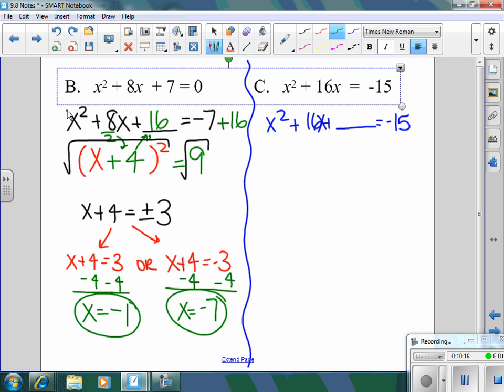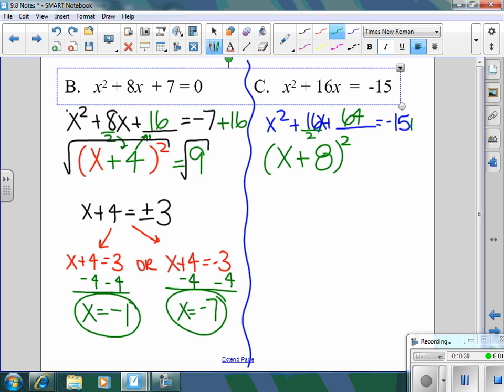So now remember, we want to factor this into something that's a perfect square. So we know x is going to be the first thing. What goes next to it is this b cut in half so that we can make two of the same sized squares. So we get plus 8. And then remember that we would end up doing 8 times 8, or 8 squared, so that gives us 64.